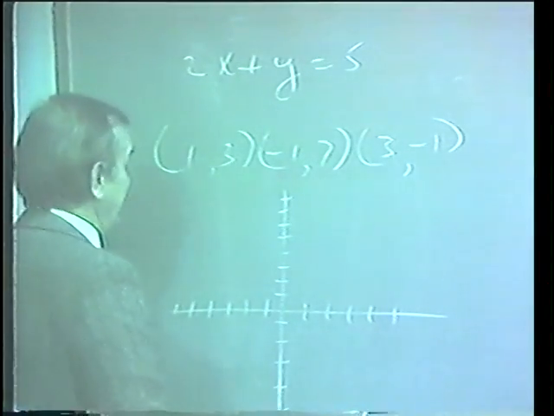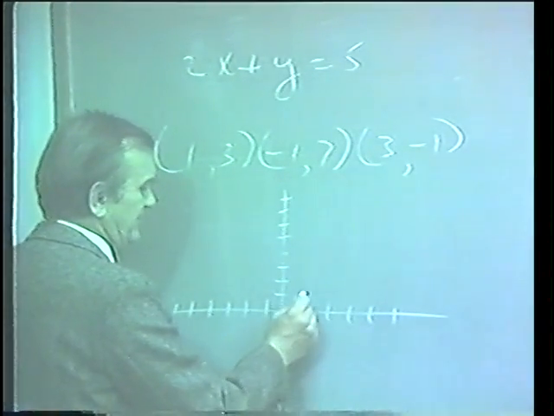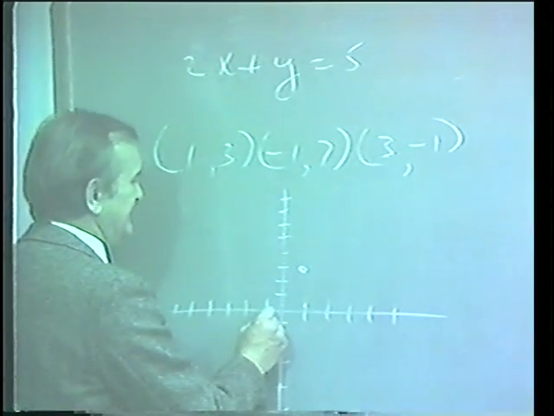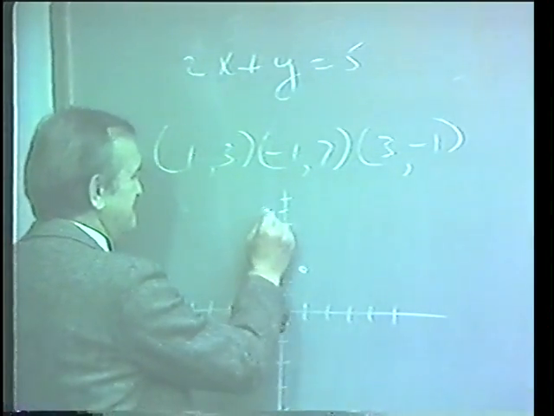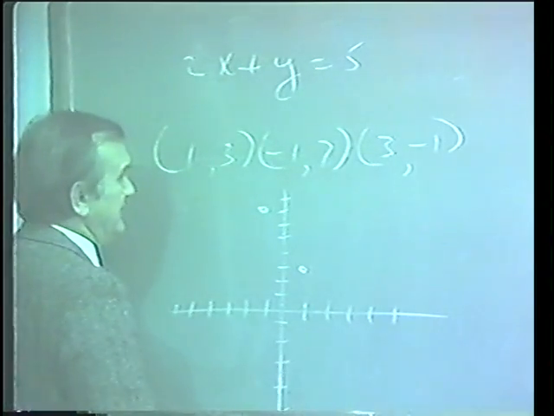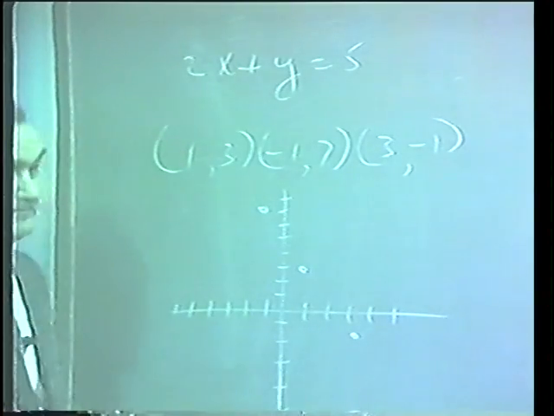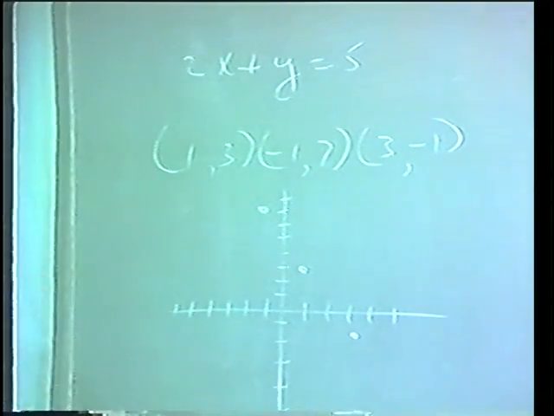Now we're going to locate all these points. Our first point is (1, 3), right there. Our next point is (-1, 7). That's close enough. And our last point is (3, -1). And there's our line.